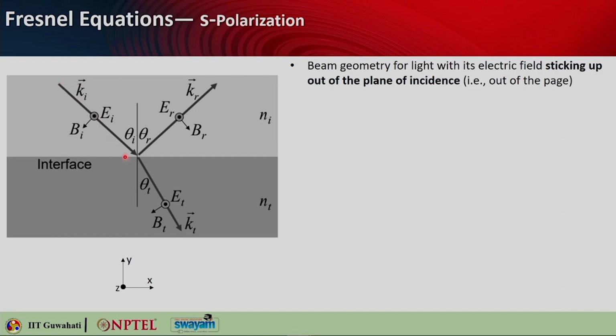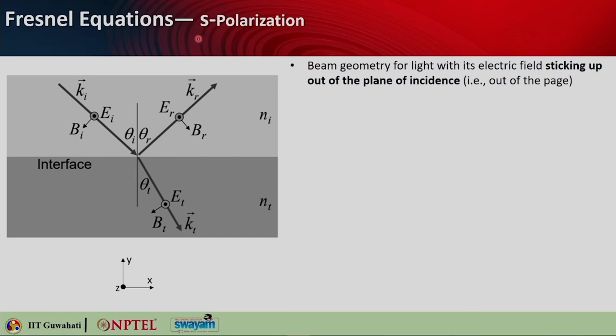This is the incident ray, then there is the reflection, that is kr, a vector, and then you have the transmitted one, that is called kt. This is ni, the incident medium refractive index, and nt is the transmitted medium refractive index. This is the interface. Angles can be marked very easily: this is theta i, this angle is theta r, and this angle is theta t. Clear? All these things are marked.